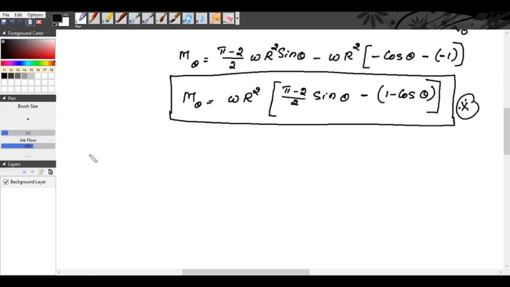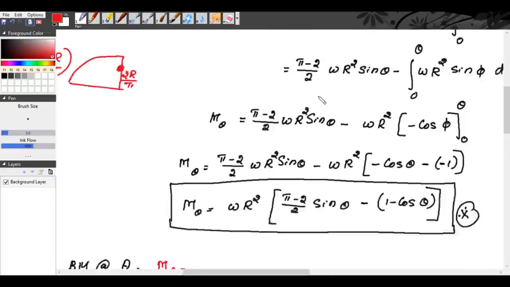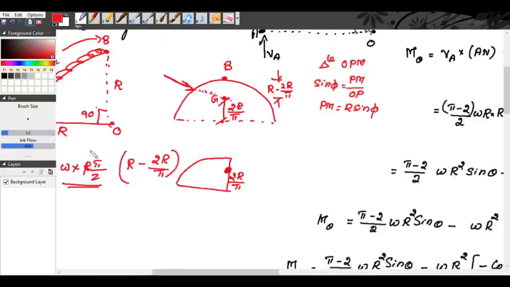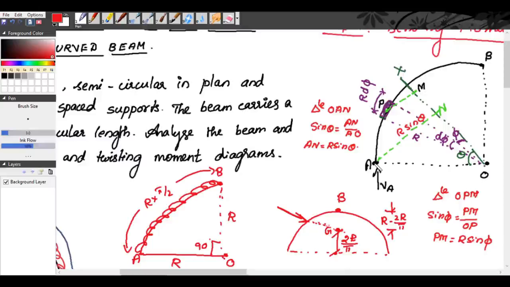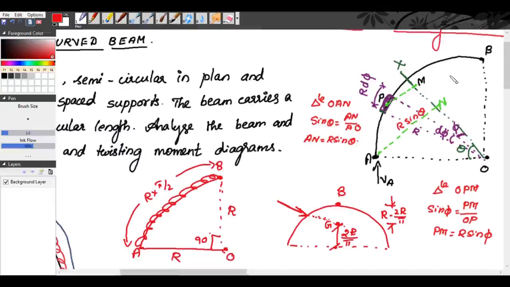We will take it as MA. At A, θ is equal to 0. At B, θ is equal to 90 degree.